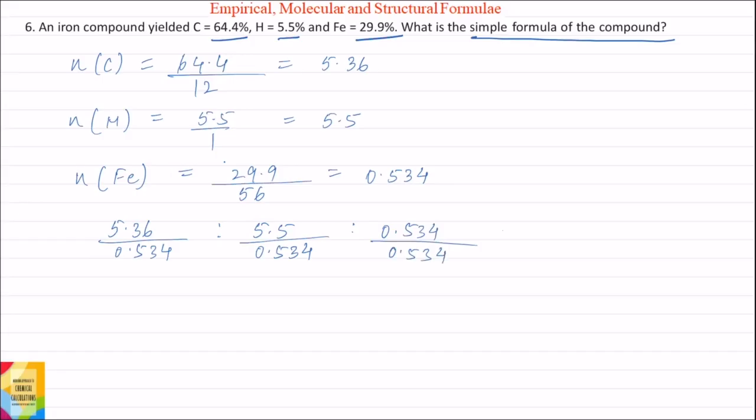So we get a simple ratio of carbon, hydrogen and iron, that is 10 is to 10 is to 1. Therefore, ratio of carbon is to hydrogen is to iron is equal to 10 is to 10 is to 1. So number of moles of carbon is 10, number of moles of hydrogen is 10 and number of moles of iron is 1. Therefore, the empirical formula of the compound will be C10H10Fe.